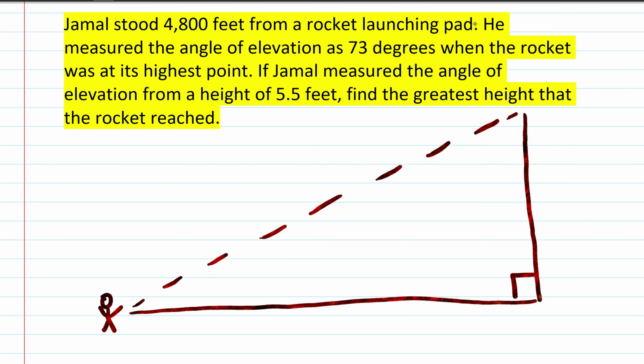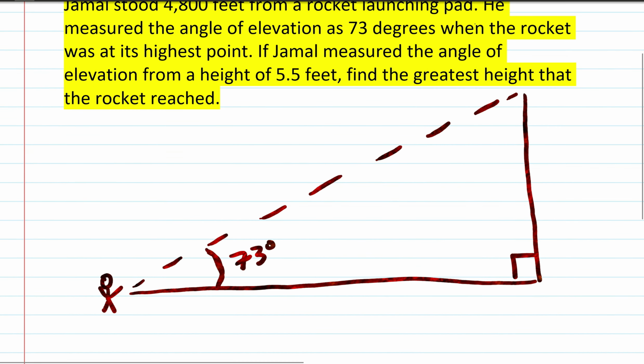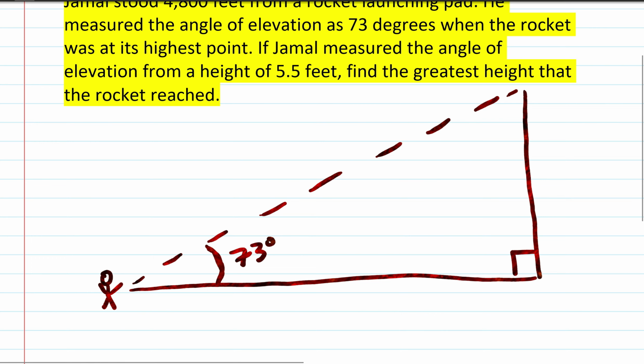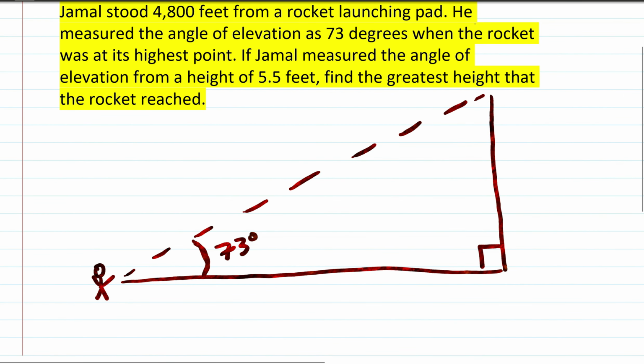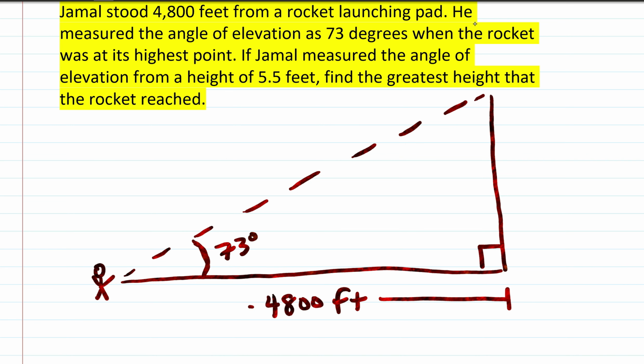All right, so it says 73 degrees, which is right here. That's our angle of elevation, right? Because that's the measured angle of elevation given in the problem. Next, we know Jamal is standing 4,800 feet from the rocket, so we'll label this.